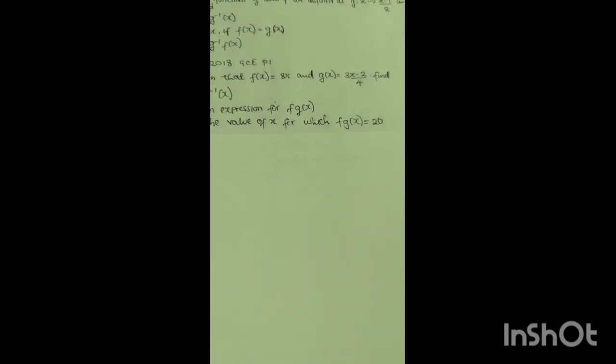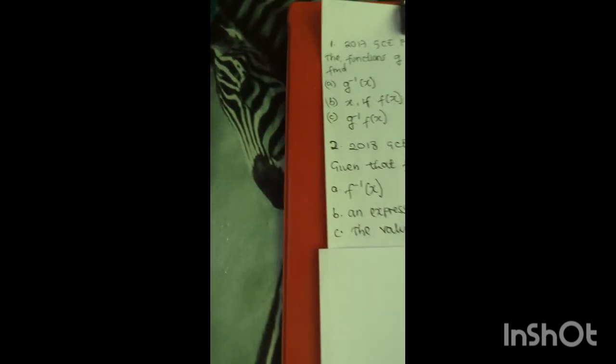Then here they're asking to find the value of x for which a composite function is equated to a certain number. So the only two things that you really must know is finding the inverse and calculating the composite function. So we'll go straight in finding f inverse of x.